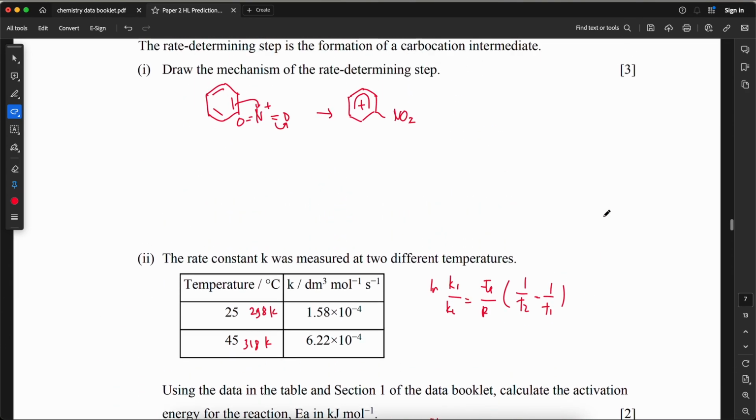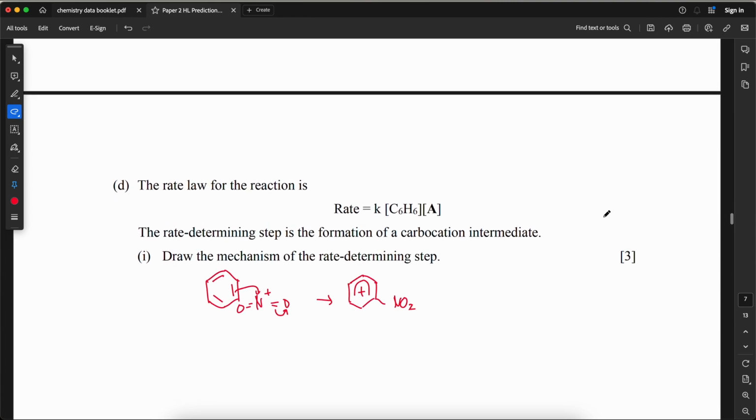Okay, if we go back here, right? So HNO3 is involved to produce NO2 plus, which is in the rate determining step.